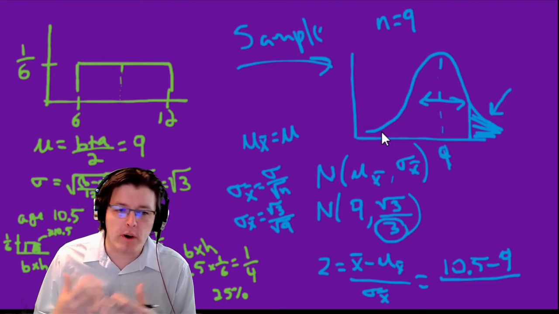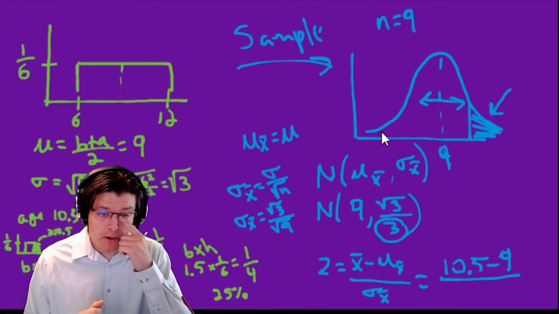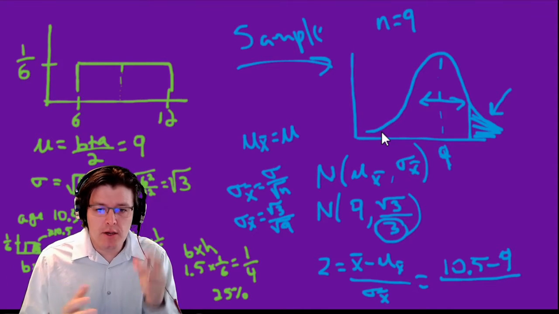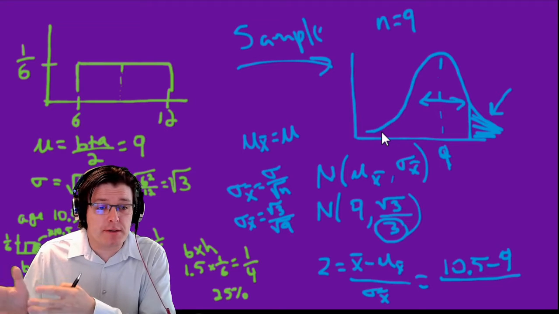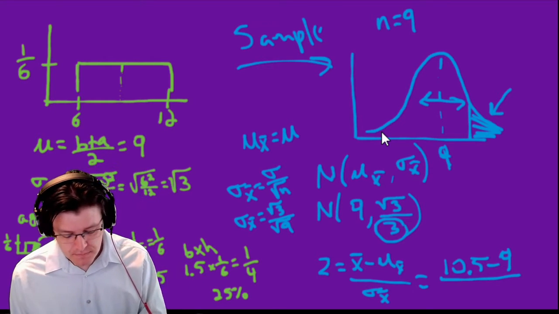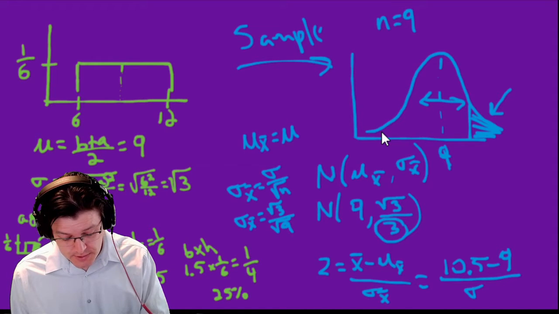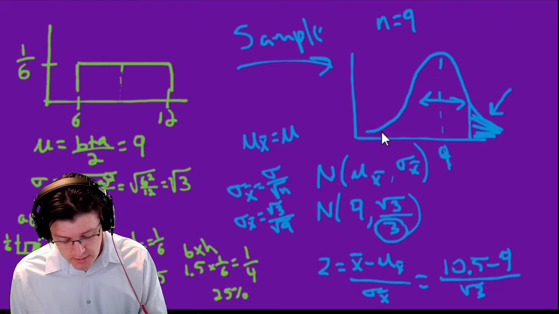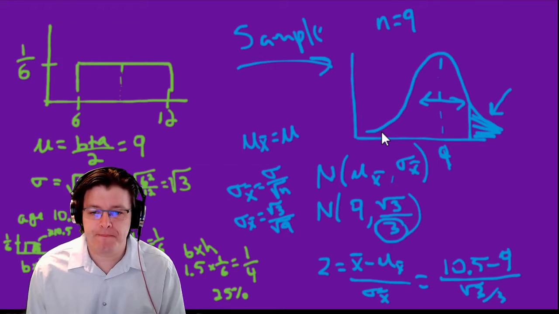That's what we're looking for. What percentage of the time when we take a sample of 9 will we get something that extreme, that far away from the mean? And down here is the square root of 3 divided by 3.